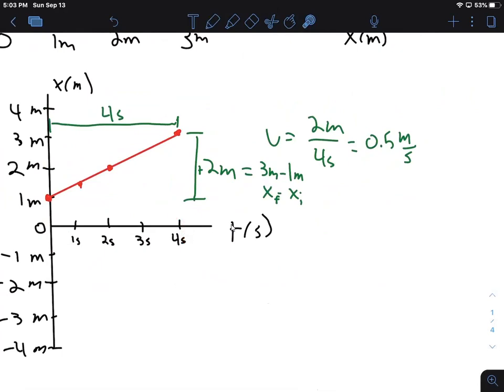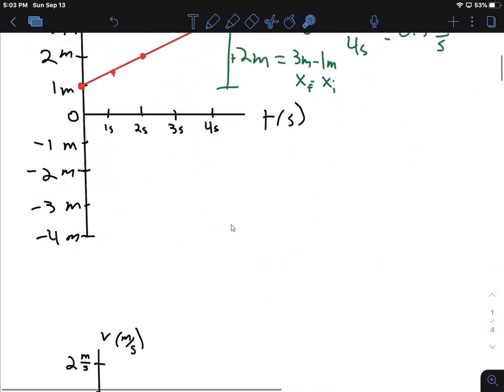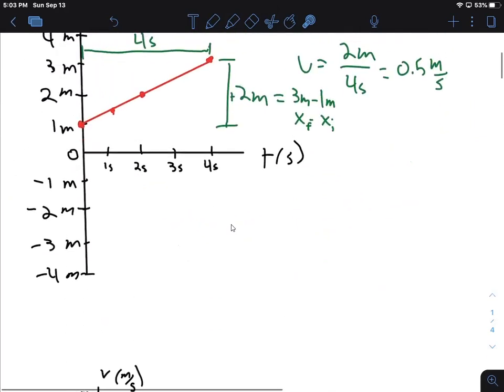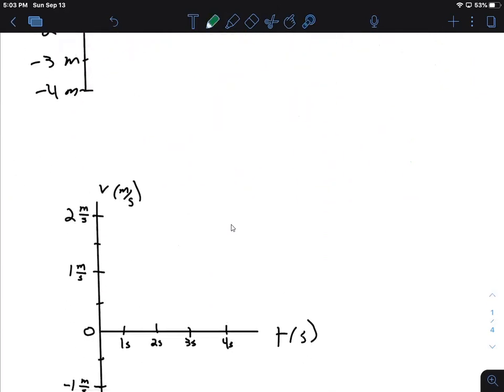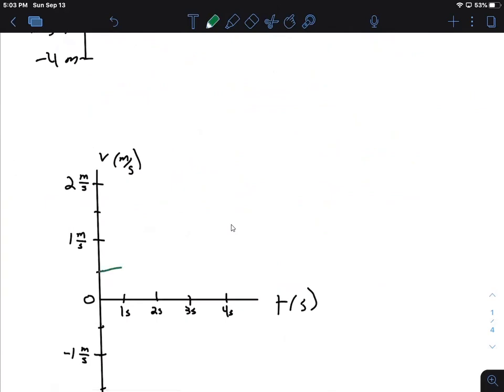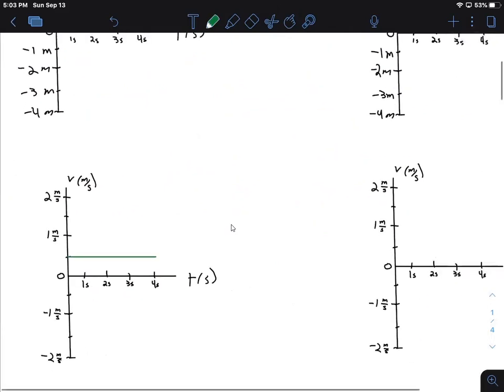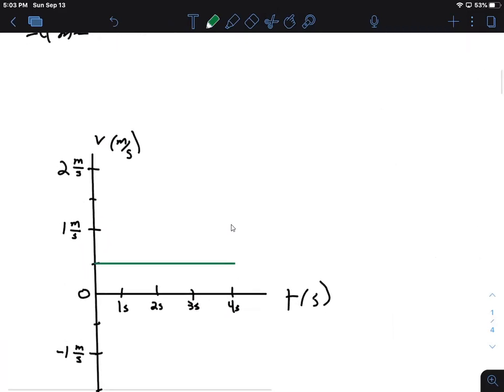So now I can say, well, this is the same everywhere because it was a straight line. So 0.5 meters per second. And it's going to be right here, positive, going in the positive direction on my velocity versus time graph, 0.5 meters per second.